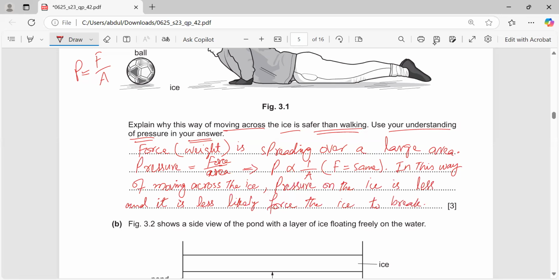So the person can reach easily to the football and carry it, take it.